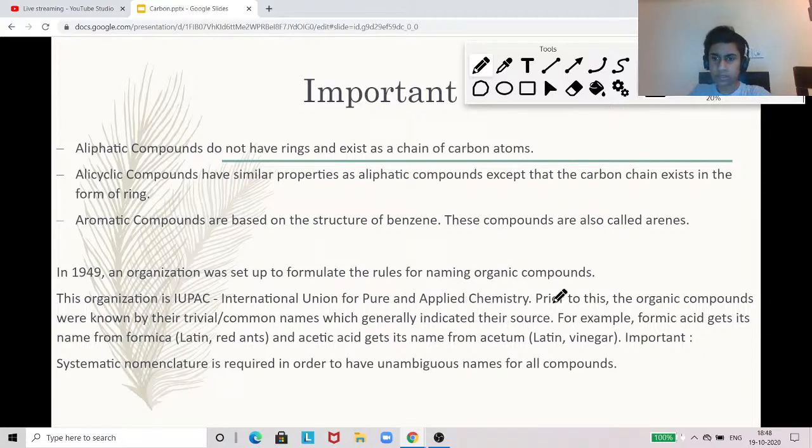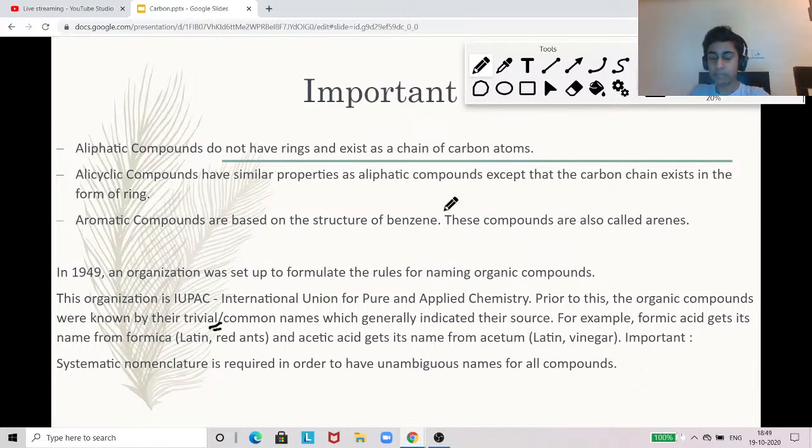Prior to this, organic compounds were known by their trivial or common names, which generally indicated their source. We have two examples here. Formic acid gets its name from formica, which is Latin for ant, and acetic acid gets its name from acetum, which is Latin for vinegar.